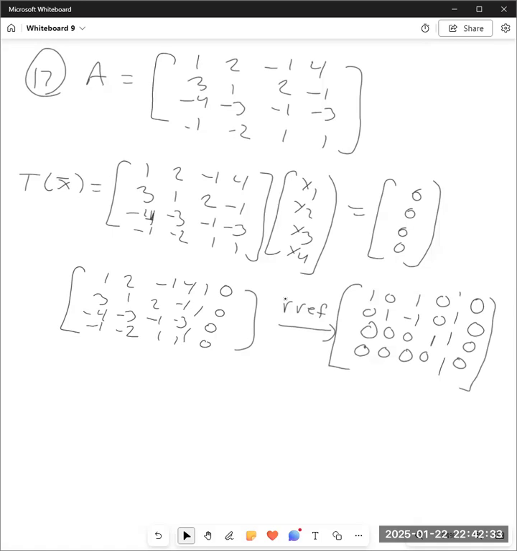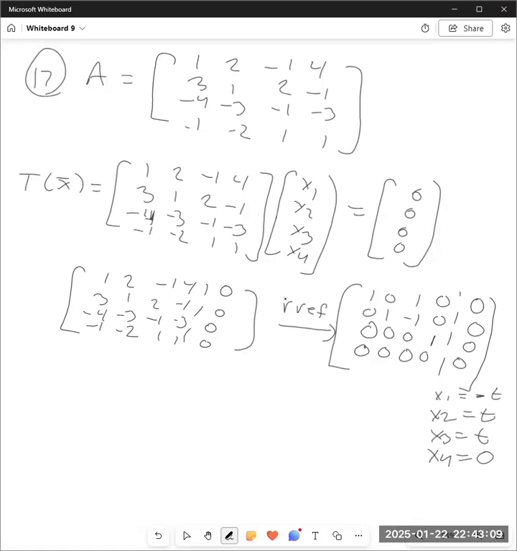That tells me that x4 equals 0, x3 is equal to t, x2 is equal to x3, so it's equal to t, and x1 is equal to negative x3, so it's negative t.